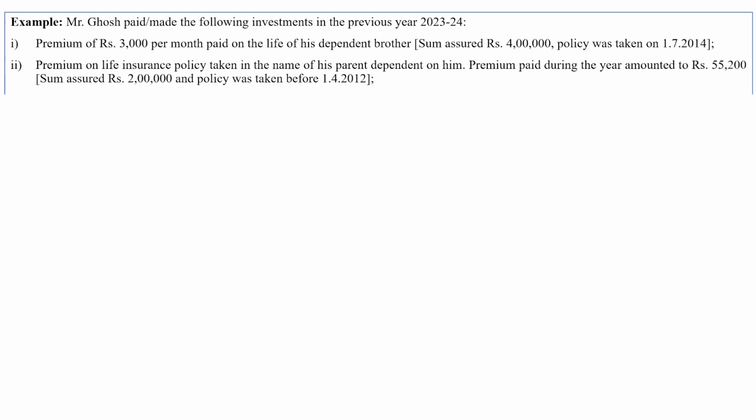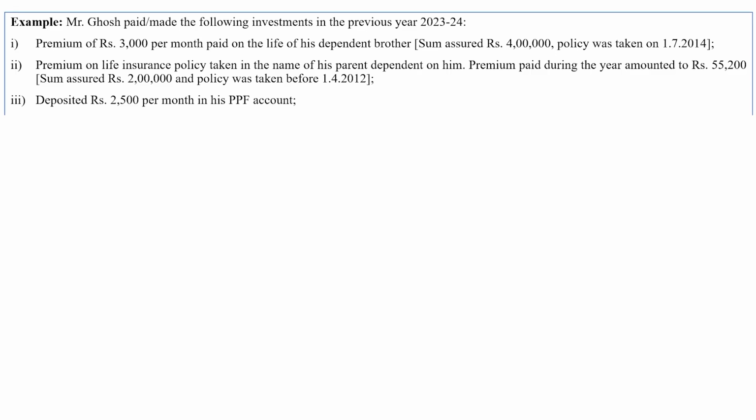Second item, premium on a life insurance policy taken in the name of his parent dependent on him, payment made during the previous year rupees 52,500, sum assured is 2 lakh, and the policy was taken before 1st April 2012. Then item number 3, deposited rupees 2,000 per month in PPF. So yearly it comes to 30,000.